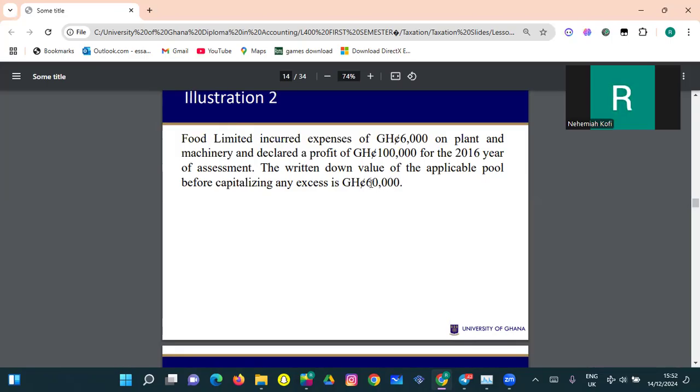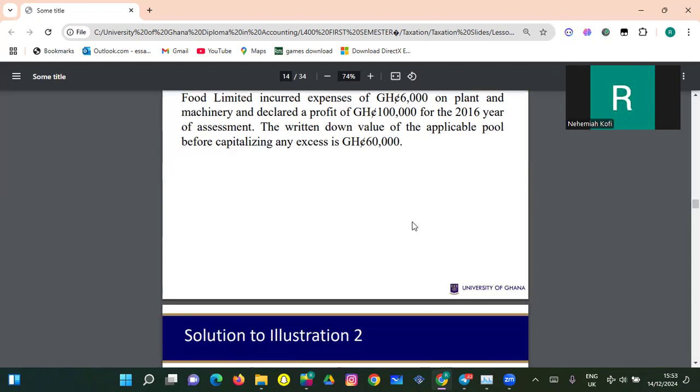We find 5% of this amount, which gives us 3,000. Then this 3,000 as compared to this one is what? It's lesser. So we are going to take that 3,000 out of this 6,000. And then the excess will be added to the profit for the year, and that same excess will also be capitalized.